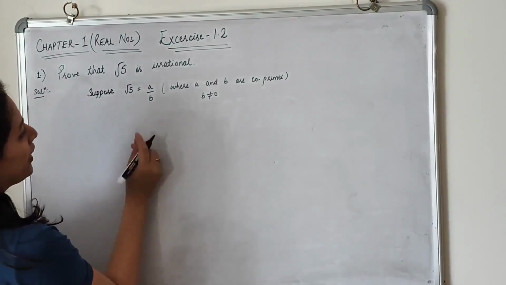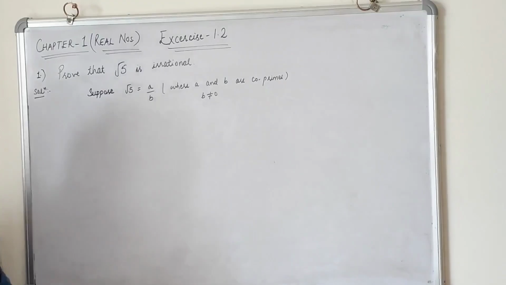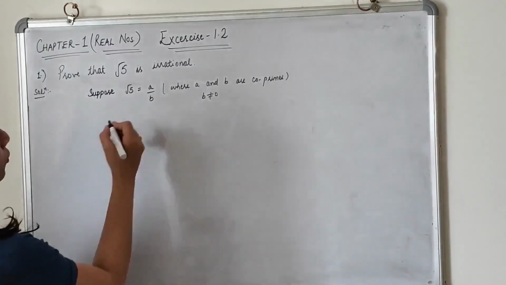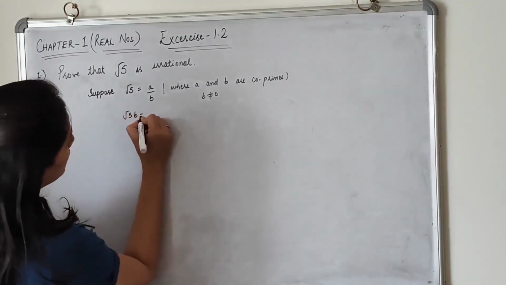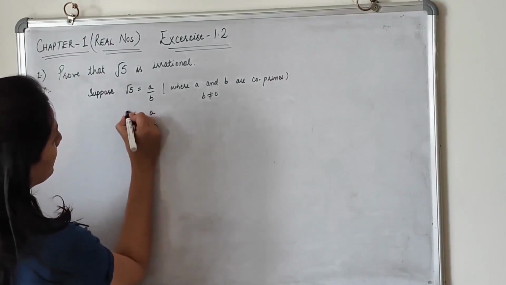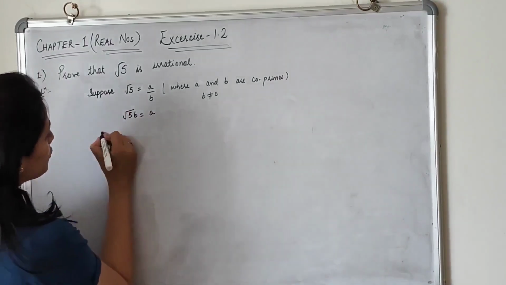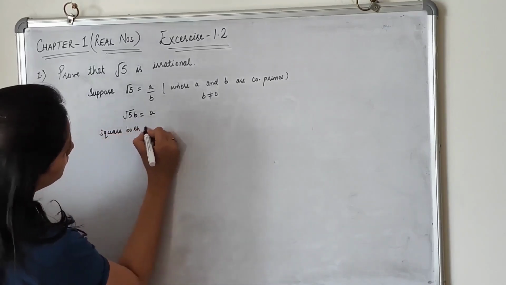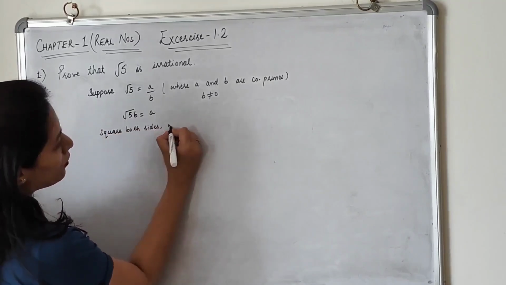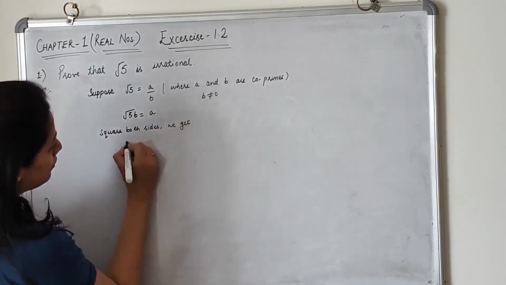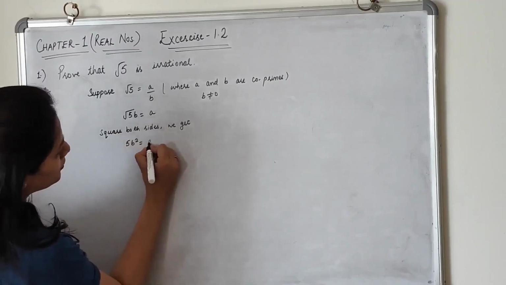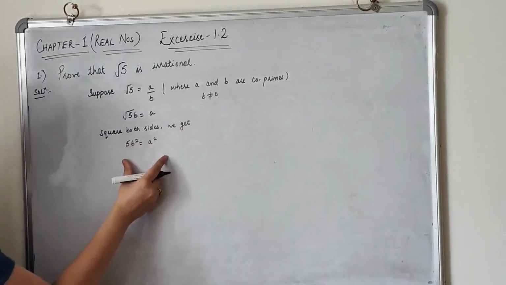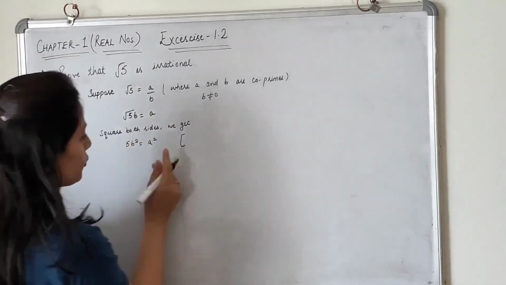Rearrange this value. What do we get? Root 5 B is equal to A. Square both sides. We get 5B square is equal to A square.